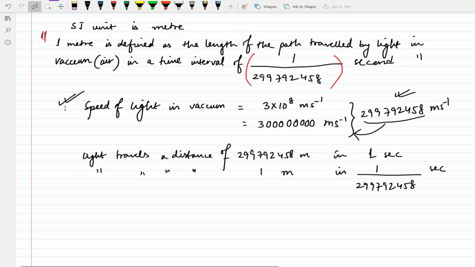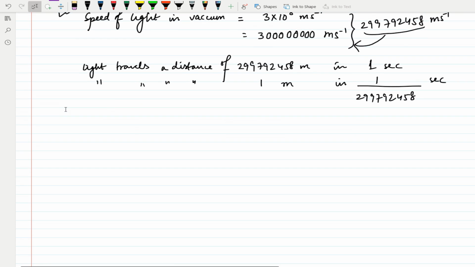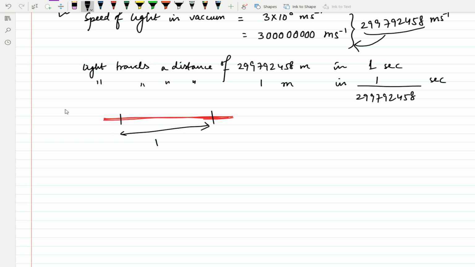But know that the meter was defined earlier using something else. A platinum iridium rod was taken, made up of platinum and iridium, and 2 marks were made on this rod. The distance between them was taken to be 1 meter.